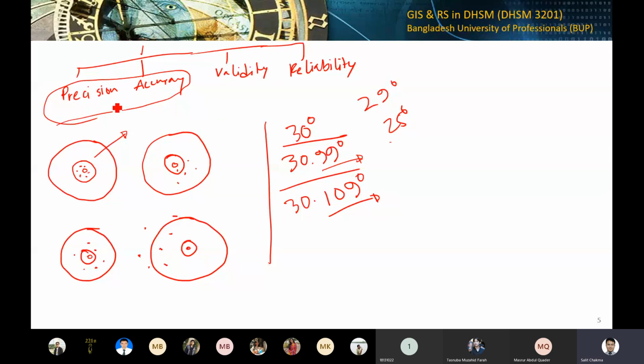The precision is, however, a little different from this example. In geography, precision means how close the values are to each other when repeated.